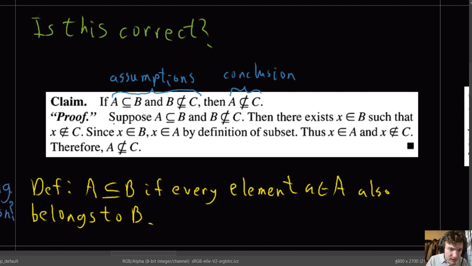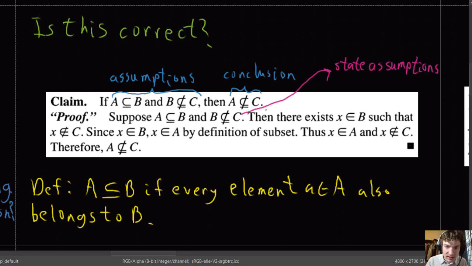Okay, so the first sentence: suppose A is a subset of B and B is not a subset of C. The goal of this first sentence is just to state the assumptions, which are in the statement of the theorem. So far we haven't deduced anything. We've just declared our variables A, B, C and restated the assumptions from the claim.